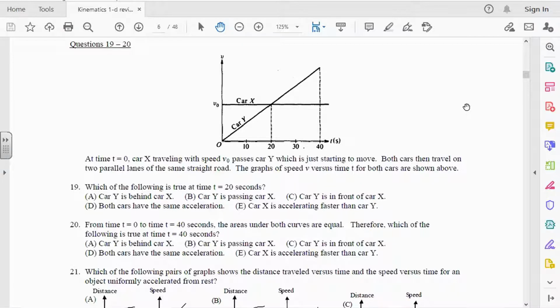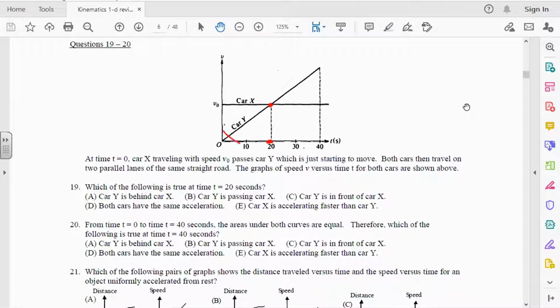Number 19 asks, which of the following is true at time t equals 20 seconds? So we're looking right here, 20 seconds. Car Y is behind car X. Behind is about positions, so to see which car covered more position in the first 20 seconds, I'm going to compare the areas.